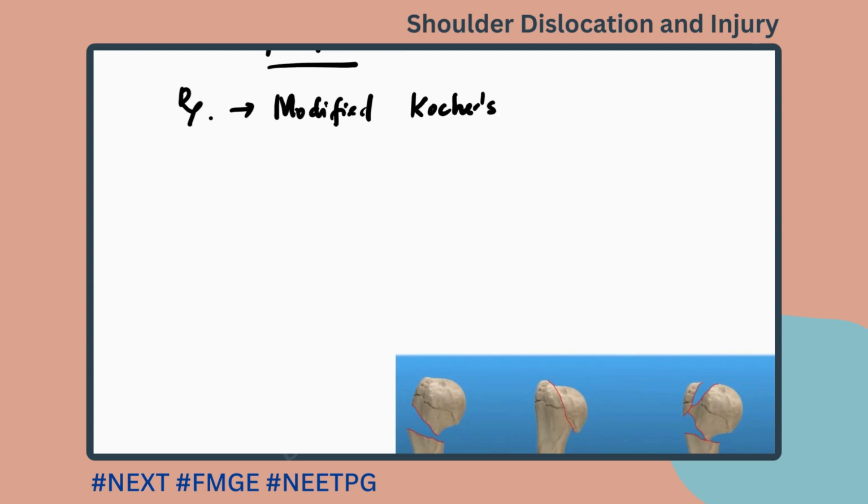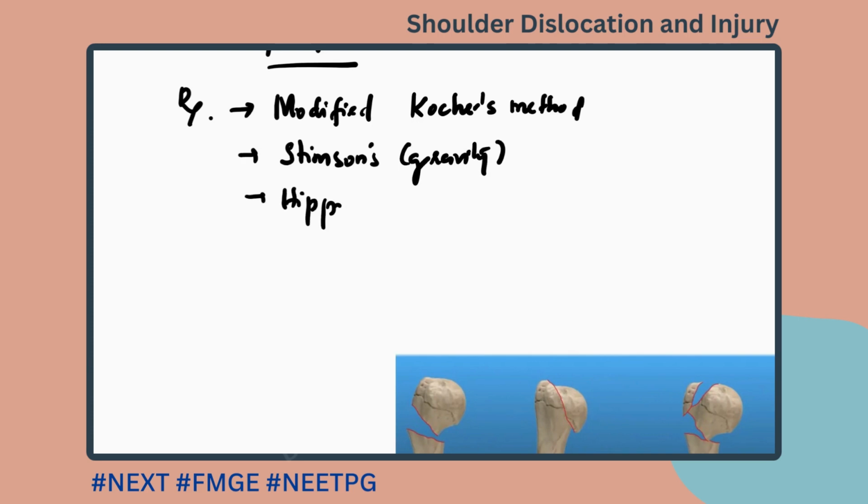The next methods, which are not used commonly and are outdated, are Stimson's method, which is a gravity assisted method, and lastly the Hippocratic method, where they keep the foot over the axilla and reduce it. So these are the various ways to reduce the shoulder joint.